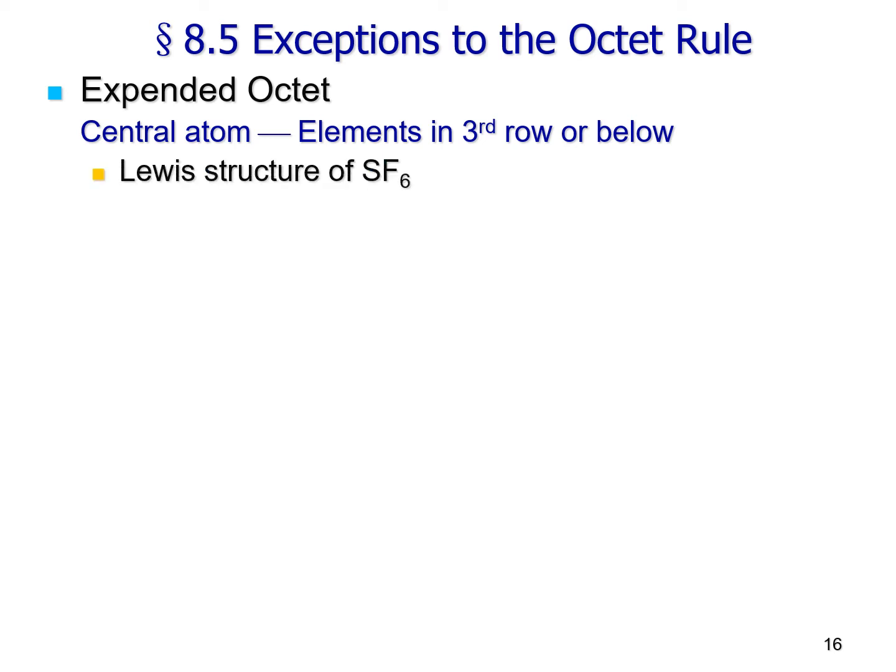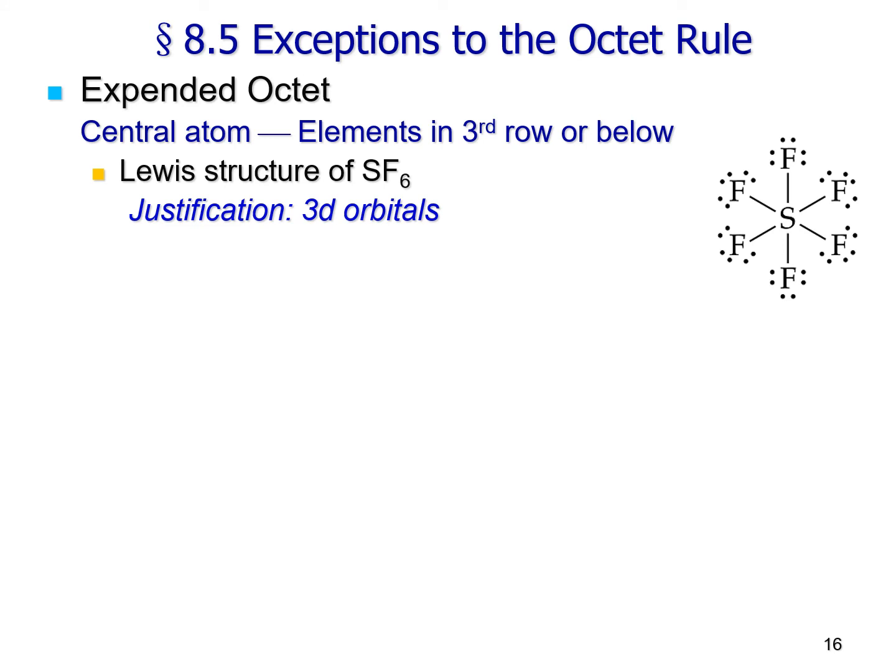We can use this structure of sulfur hexafluoride as an example. After we finish all of this, we realize sulfur has 12 valence electrons. Remember the SF4 we did, sulfur has 10 valence electrons. Either way, we find out sulfur has way too many electrons for an octet.